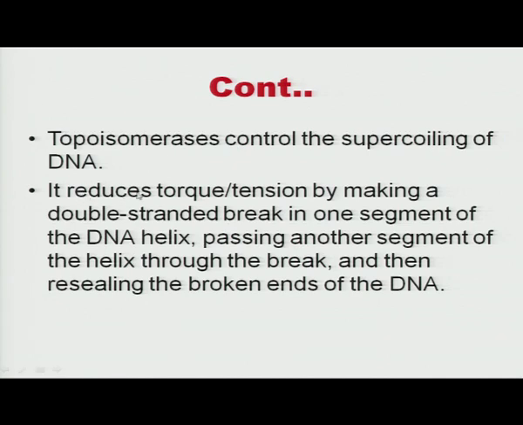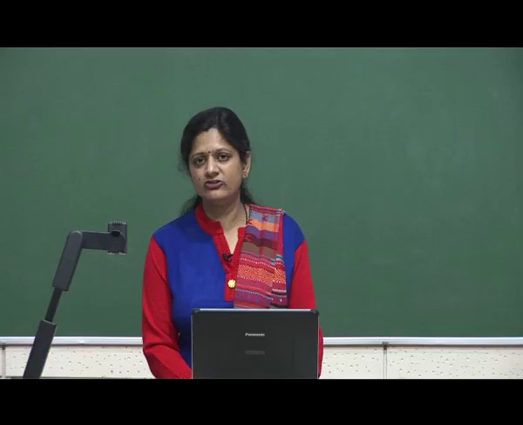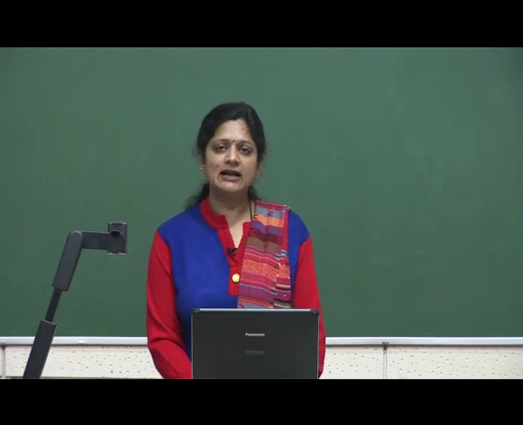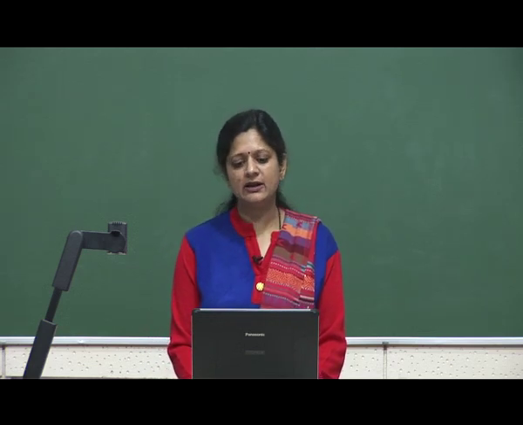This enzyme reduces torque or tension by making a double stranded break in one segment of the DNA helix, passing another segment of the helix through the break and then resealing the broken ends of the DNA. That means, this topoisomerase will cleave one of the strands of the DNA, so that this torque, this tension can be released and the DNA supercoilings can be removed.